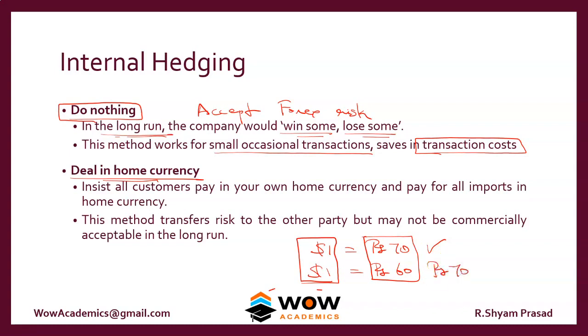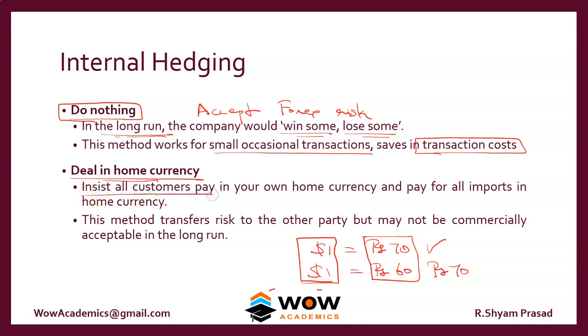Does it mean that the forex risk has gone away? The answer is no. The forex risk is still there, but you have shifted it from yourself to the foreign company. But can you work this out in all cases? No. Your company and your products have to be in such a strong position that the other party is willing to accept the forex risk.